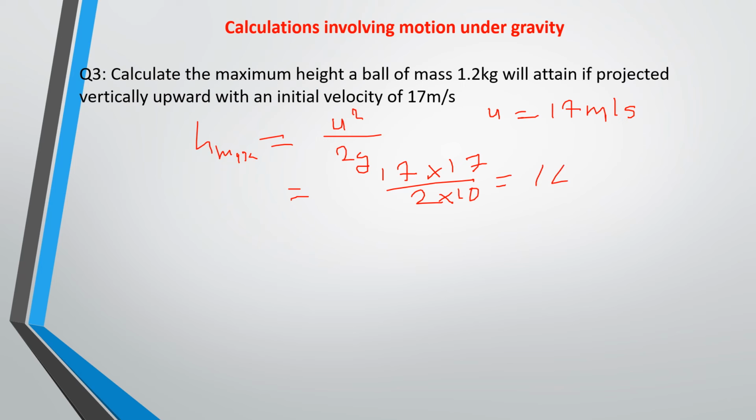So if you work that out, you have 14.45 meters. See, so this one is very short and direct to the point. No time to waste. So this is how to use those equations that we just derived. Please take note of them. Just take note and see how we use this equation to solve, right? So we'll do another one again.